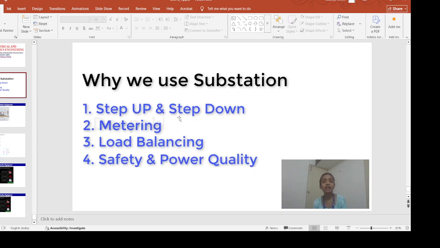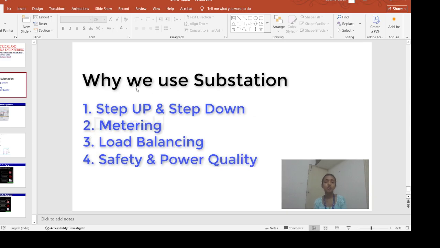Finally, through various step down transformers located at various substations, we use in our home a 220 to 230 volt single phase supply. For industries, we need to use a 440 volt three phase supply.